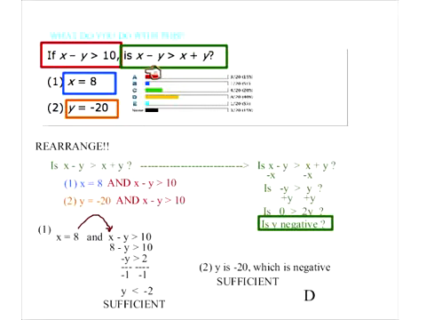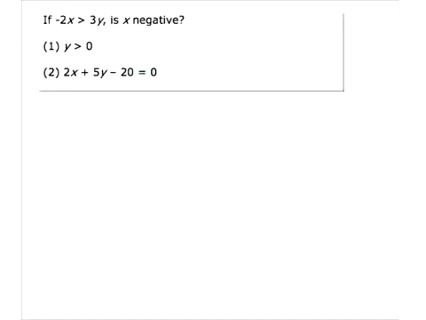But let's try another one of similar difficulty level, then we'll try a harder one and see how this goes. Actually, this one's a little bit more challenging than that last one, but give it a shot. So I've cleared out your A through E answers. Again, just to reiterate, please do not type answers into the text box.